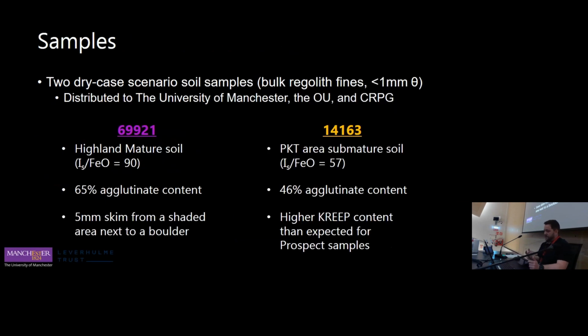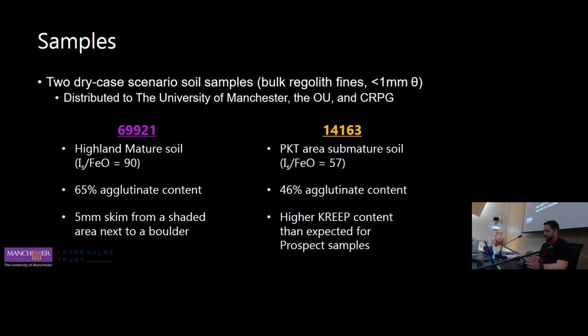So, as I mentioned, the work is the start of efforts to calibrate the measurements made by Prospect on the lunar surface. And to do this, we selected two lunar soil samples from the Apollo 14 and Apollo 16 sample collection. These were selected based on what we thought to be representative of the most likely dry case scenarios that we may find upon landing.